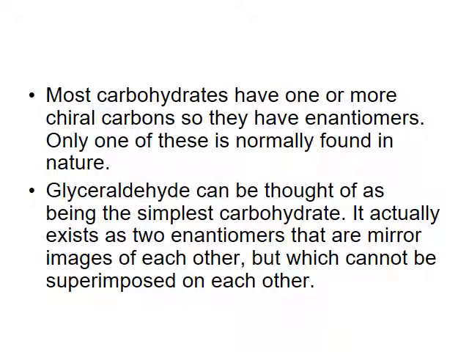It turns out that most of the monosaccharides will have mirror images. And what makes the mirror image is this thing called a chiral carbon, which I'll talk about in a minute. Glyceraldehyde will be our first example of that.